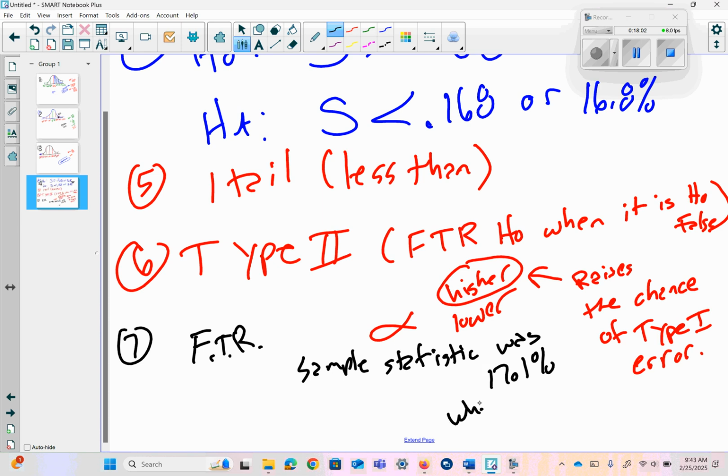Which is greater than the alternative, than HA.